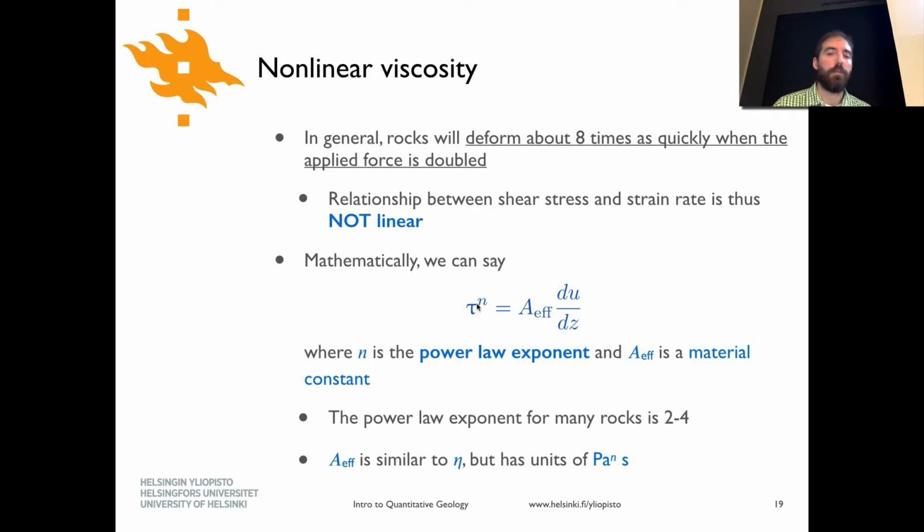So if you took this and raised it to the power 3, when you make that twice as big, it makes the strain rate 8 times as large. And as I mentioned here, A effective is similar to the viscosity, but it has different units. It's pascals to the n seconds because, again, we have pascals to the n over here for the stress.